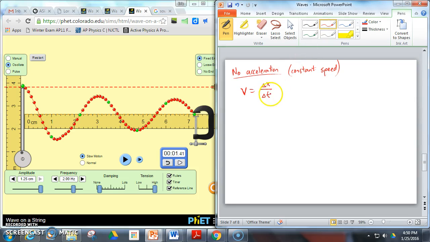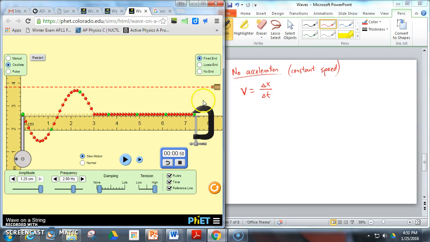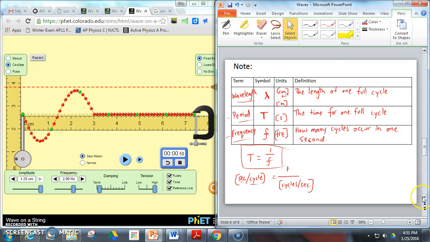So let's go back, restart this, play it for one full rotation, one full cycle. Good. One full cycle. So if I'm looking at my equation for constant speed, speed is distance over time, I could say I measure that distance to be one full wavelength, so instead of x, I'm going to use the symbol that we used before for wavelength.